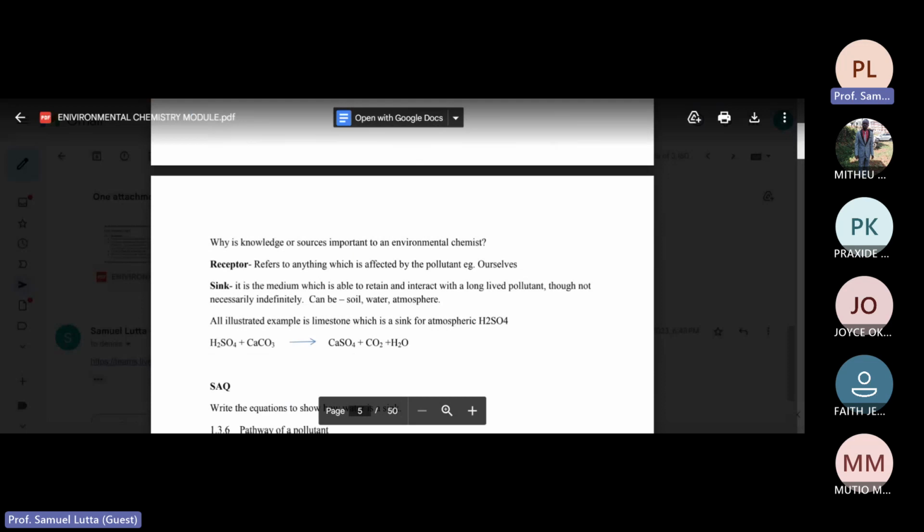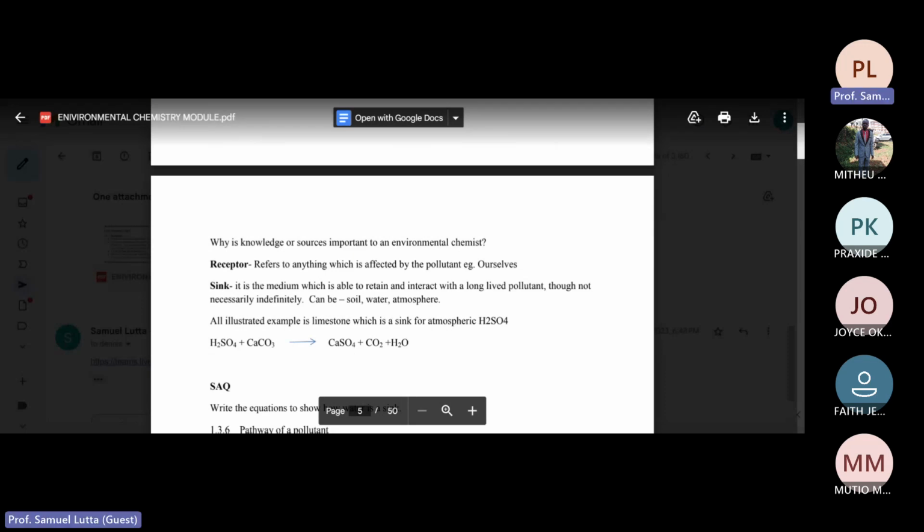We say they can go into water, into the soil, and they can also go into buildings. So a sink is a medium which is able to retain and interact with the pollutant for a much longer time. For us, we cannot be a sink, because if it accumulates for some time, then we'll get affected, and maybe the effect would be death.